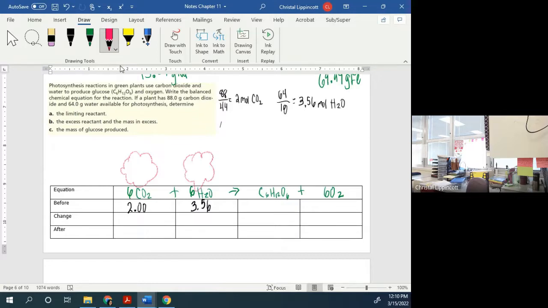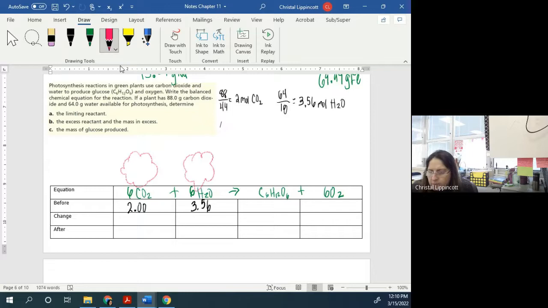Do you get your masses of each thing? When you get done, they're all in moles, and then they wanted mass. So I'm going to divide 2 by 6.